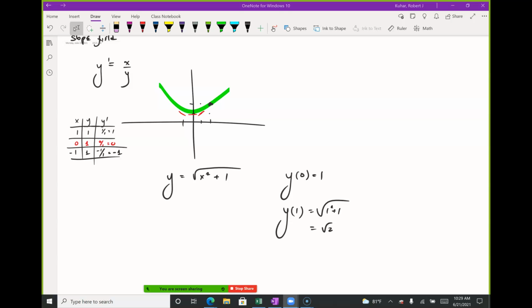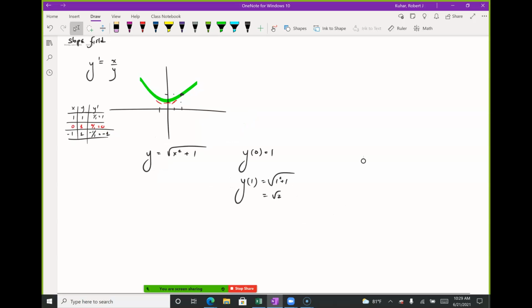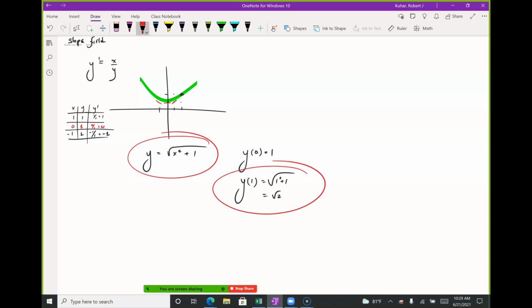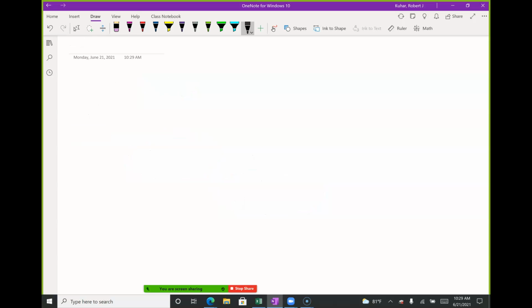We'll do a couple more difficult ones as well. But once we find a solution, we can make a future value. What if we can't find the solution? That's what we're talking about in this section, 7.2, Euler's method.